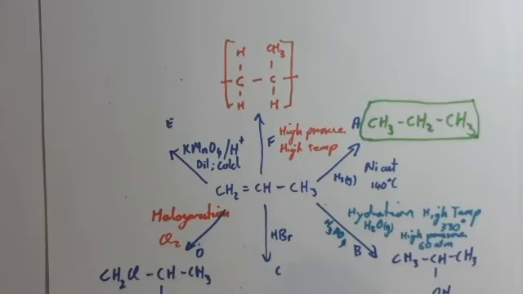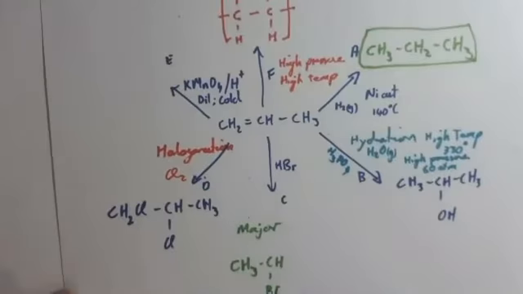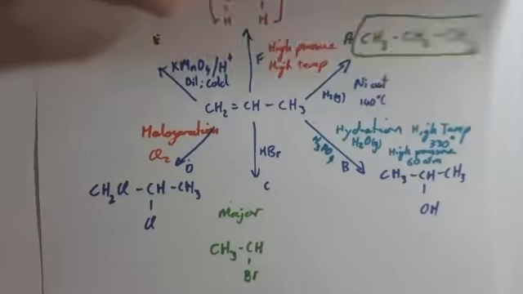How about for C? Well, again, with C, we've got two products that can form. We've got a major product and a minor product. So major product will be CH3. Remember Markovnikov's rule, CH, and we do the bromine on that one. Again, let's just get it onto screen.